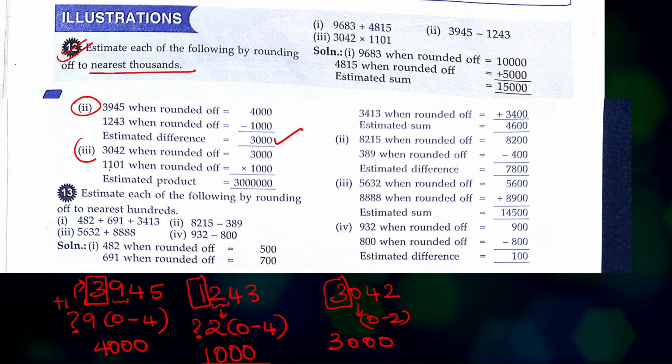Next, 1 is in the range of 0 to 4, so you will not add any number to this one and fill in the zeros. Here they have asked for the multiplication, so you will multiply these two and get the answer. So you can solve the rest of the problems.